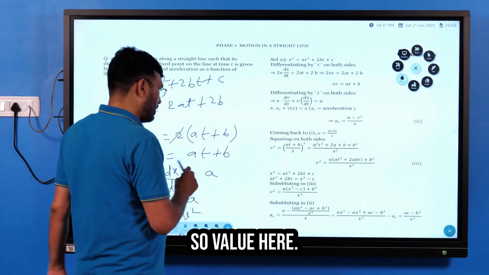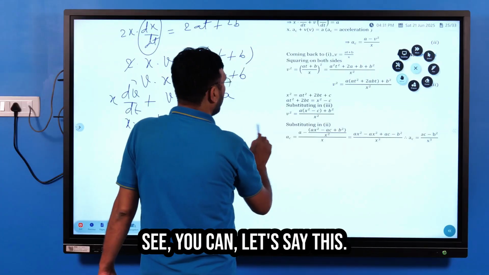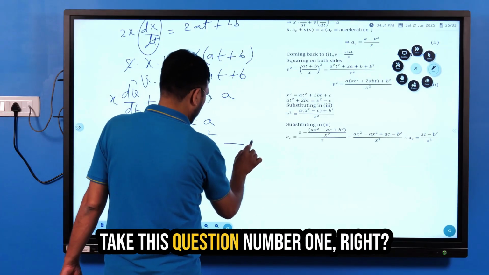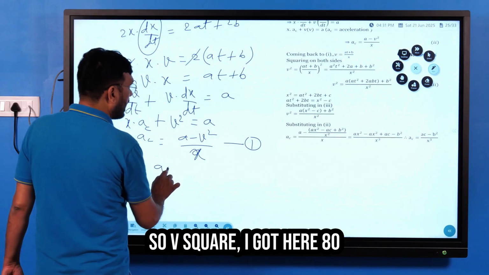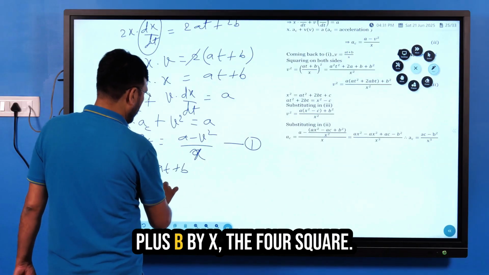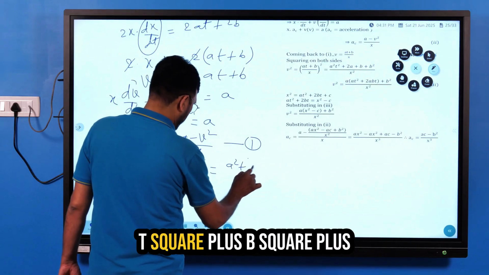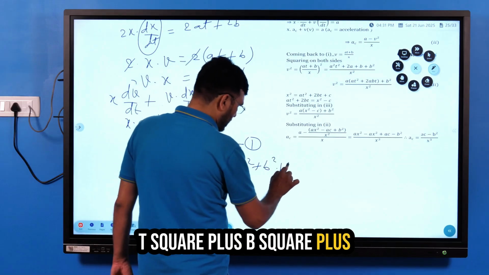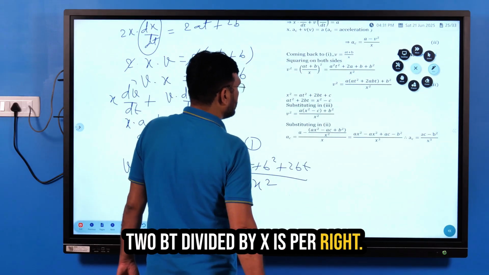So once we substitute the value here, see, take this as question number 1. So v square I got as (a square t plus b) by x the whole square. So you're going to get a to the power 4 t square plus b square plus 2a square bt divided by x square, right?